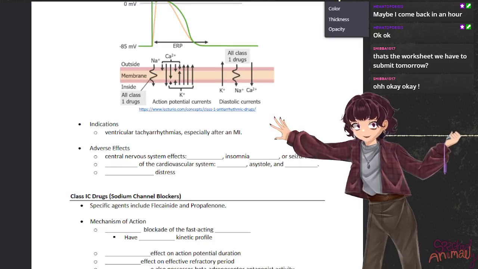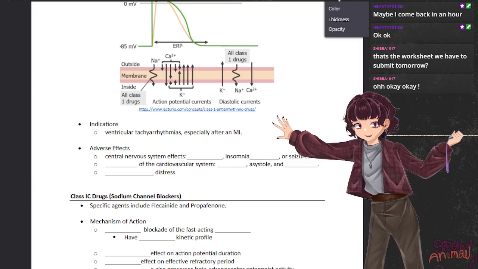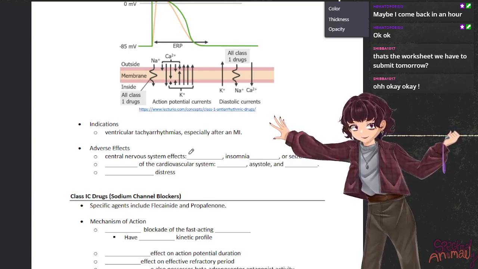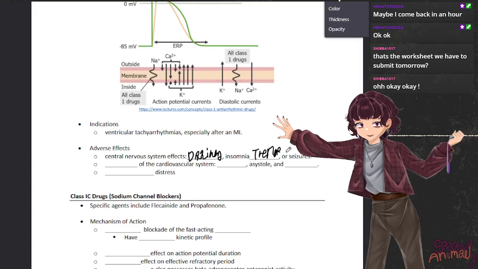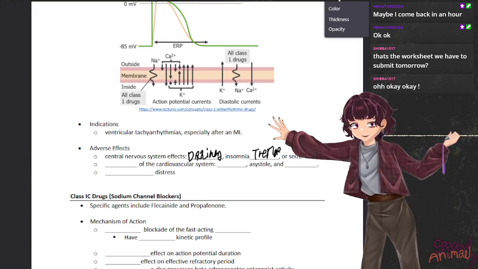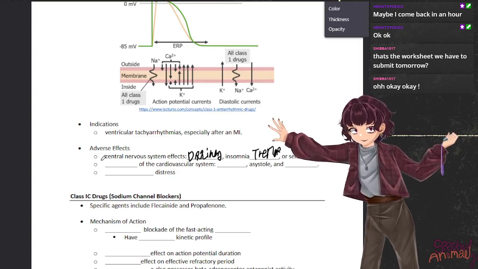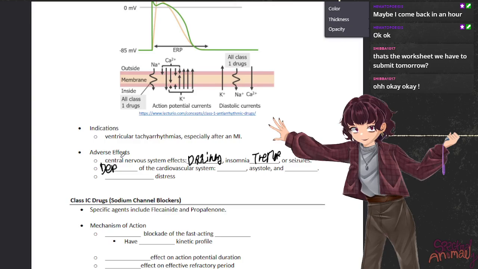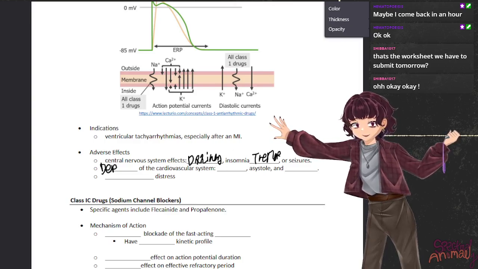We also have some CNS effects, like dizziness, insomnia, tremor, and seizures. Then we have depression of the CVS system, so hypotension, asystole, and shock.